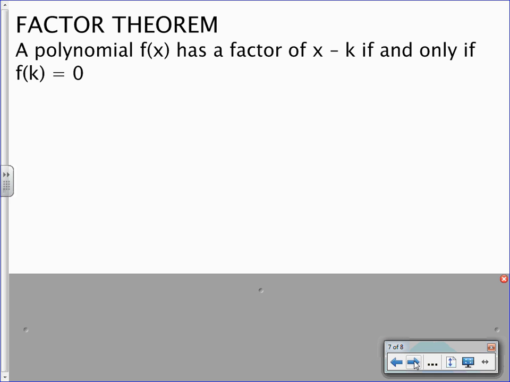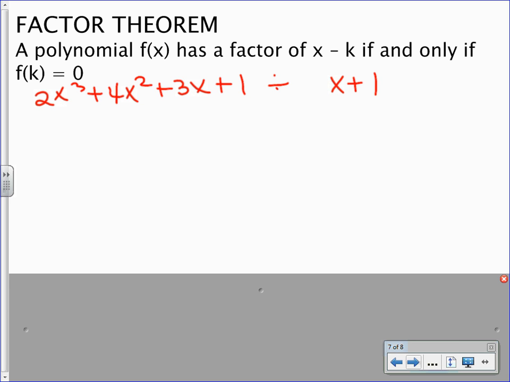For example, we're going to take 2x cubed plus 4x squared plus 3x plus 1, and we're going to divide it by x plus 1. So how do we do our synthetic division? What goes on the outside? -1 goes on the outside, right?